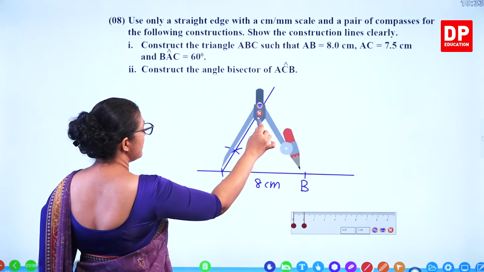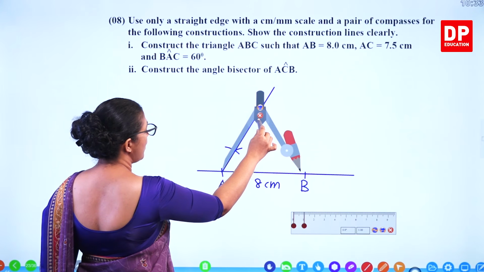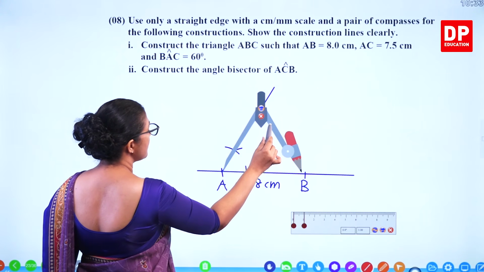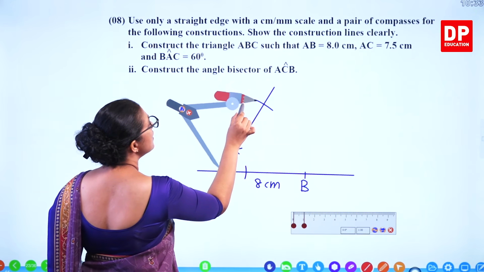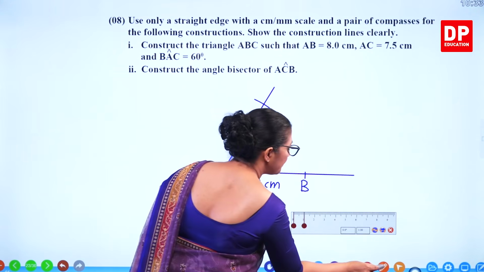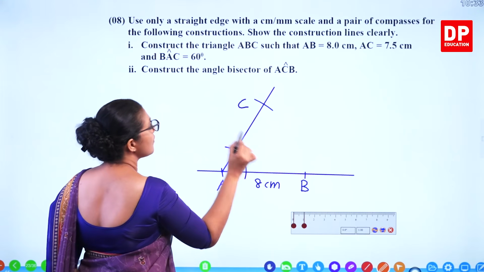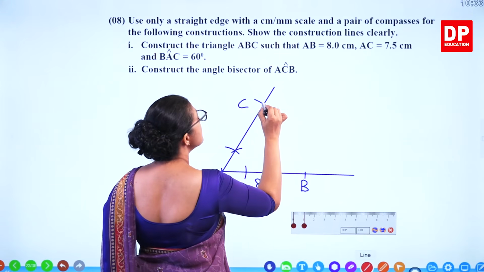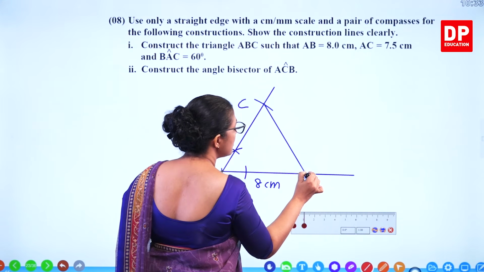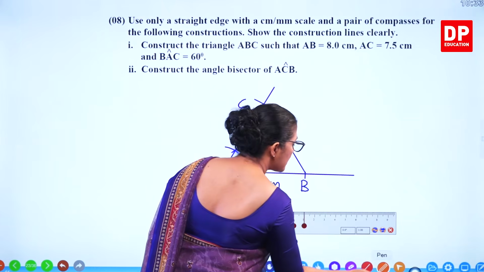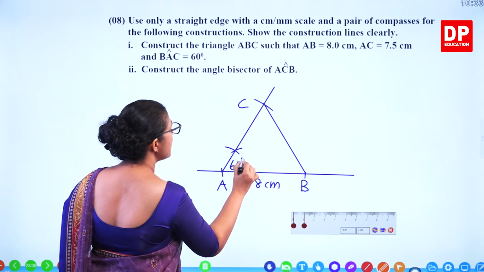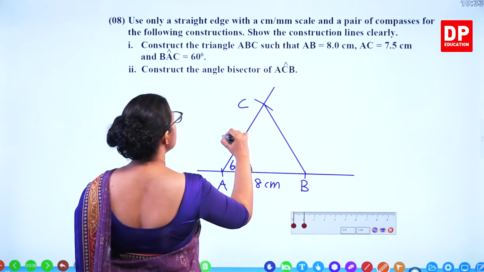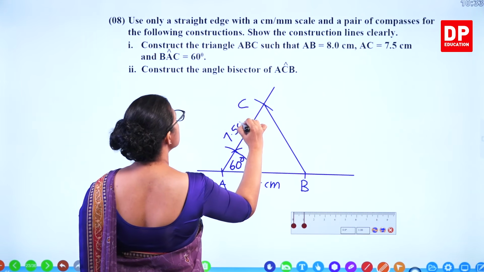And you can keep on top of point A because AC is 7.5. So you can mark the point C. Connect C and B. So this is the ABC triangle. You can mark this as 60 degrees and this one is 7.5 centimeters.